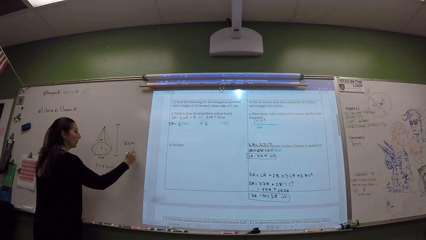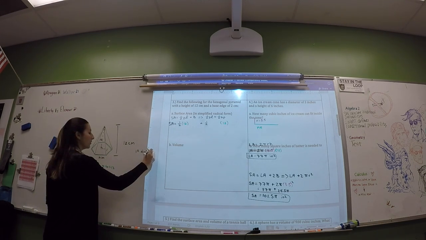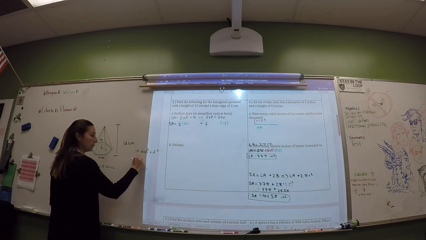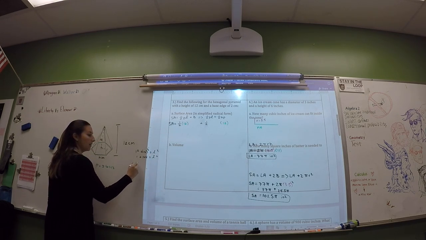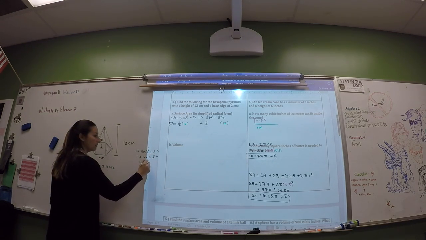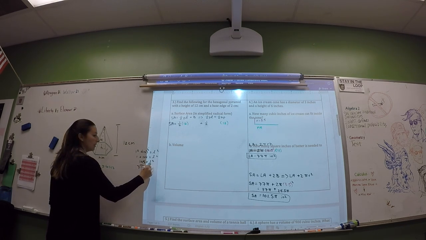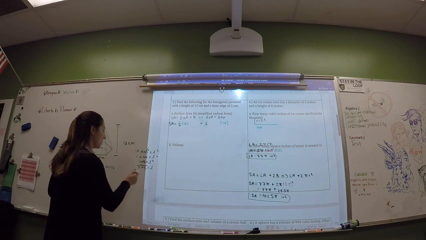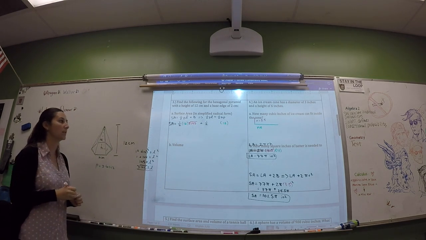We're going to do 1 squared plus 12 squared equals the slant height squared. So that's 1 plus 144 equals the slant height squared. So 145 equals the slant height squared. So the square root of that is going to be my slant height. That's what I'll put in for slant height. I'm just going to leave it in radical form because that's what it wants.